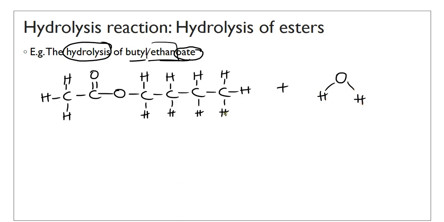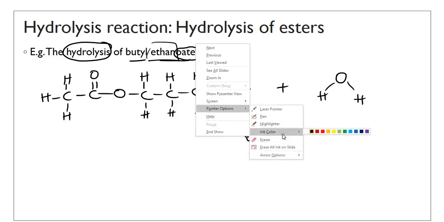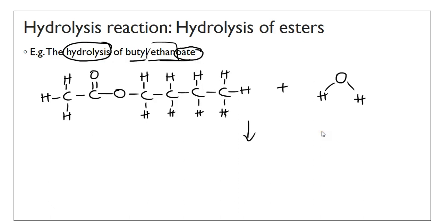If you have the name of the ester, you know what the two products are supposed to be. Essentially, in order to hydrolyse it, you need to decompose it. So you're going to break the bond here, because this part originally comes from the acid, and this part originally comes from the alcohol. So the OH in the water is going to be linked back to this C.